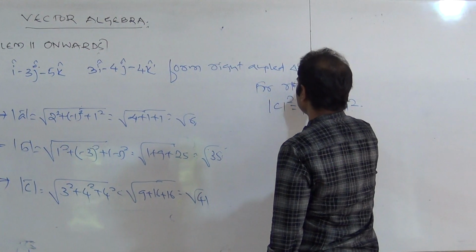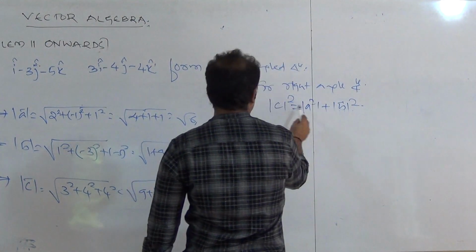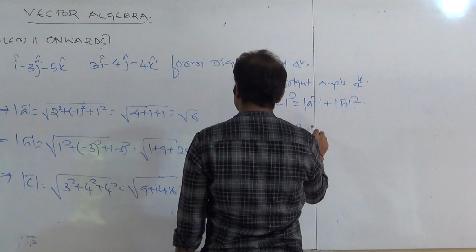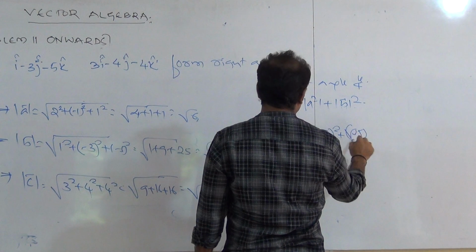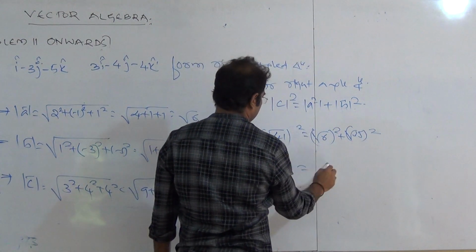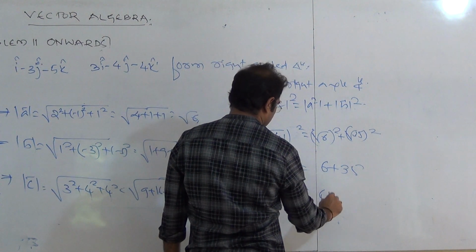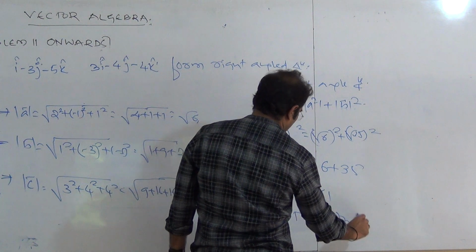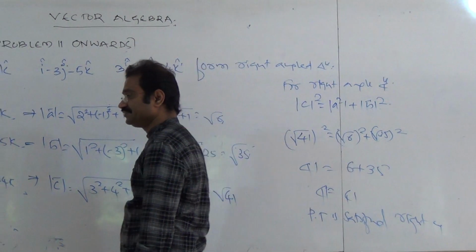So 41 is equal to 6 plus 35, 41 is equal to 41. Pythagoras theorem is satisfied. Therefore, it is a right angled triangle. Simple. They are very simple.